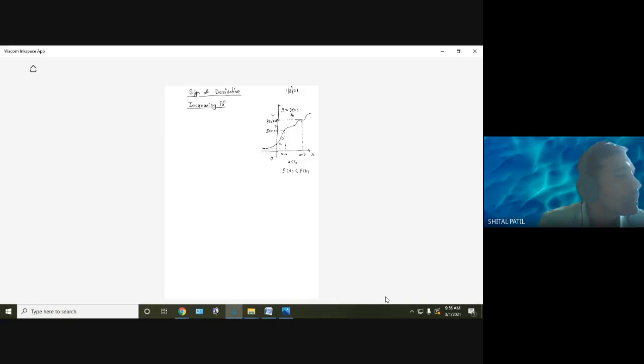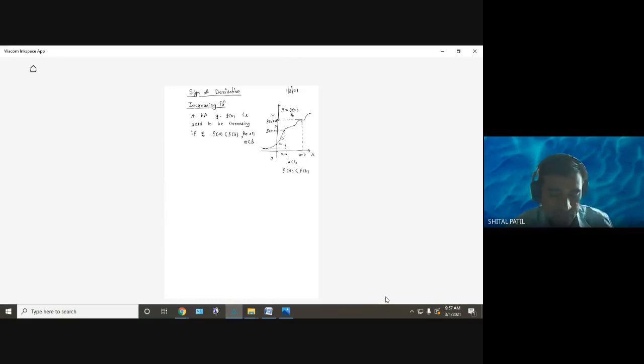A function y equal to f of x is said to be increasing if f of a is less than f of b, for all b greater than a, or a less than b.